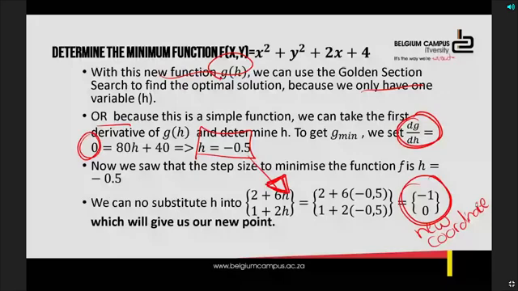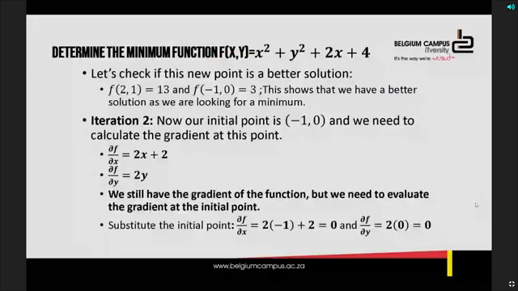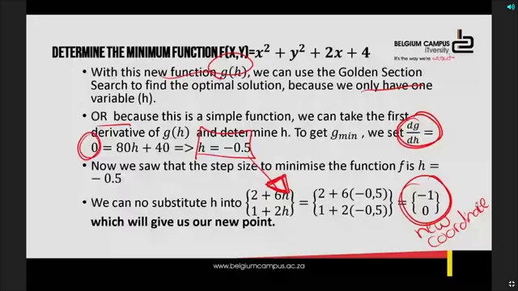Okay, so now we repeat. So first things first, we want to see what happened to our function. Now, we substitute this new coordinate into our function itself to see what happened to our function. So into your function here on top, x is now, instead of the 2 and the 1 we had, now negative 1 and 0.